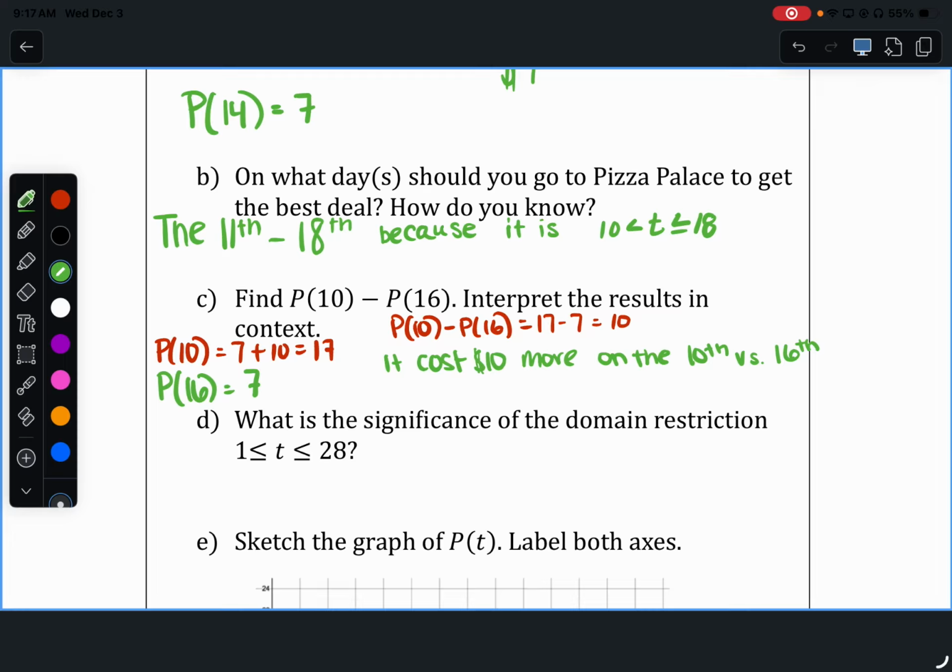So what we're going to do first is we're going to do some practice with evaluating piecewise functions. Okay? So we are going to flip to the next page, and we're going to look at question number 1.